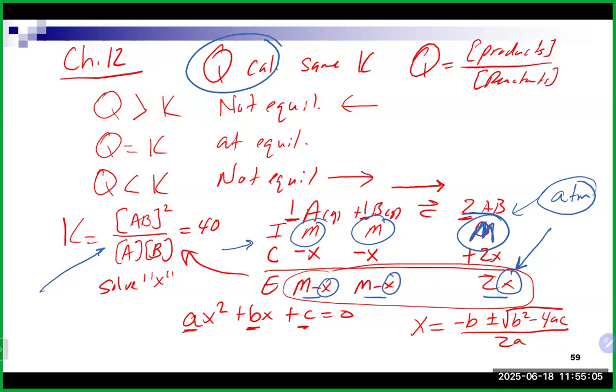So for example, let's just say that we did this and we calculated Q and it was greater than K. That tells us, as we just talked about, that it is not at equilibrium. But in order to reach equilibrium, this reaction actually has to head in the reverse direction, right? And that would affect your ice table calculation.